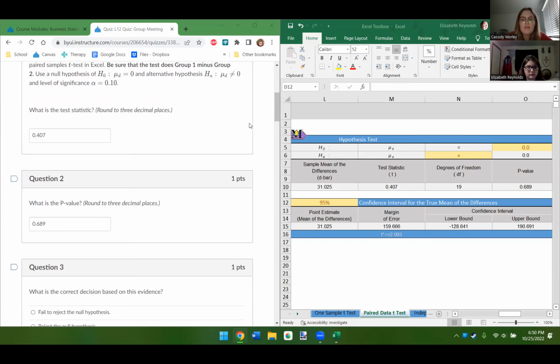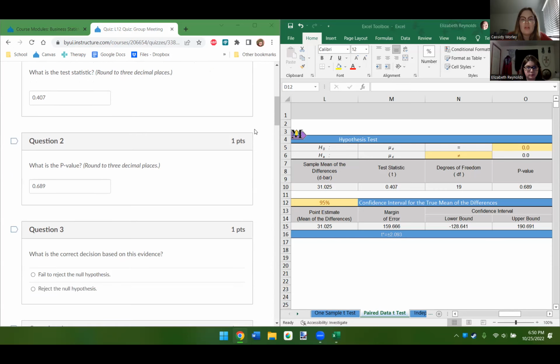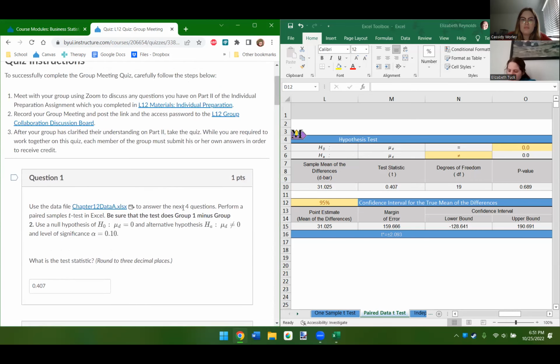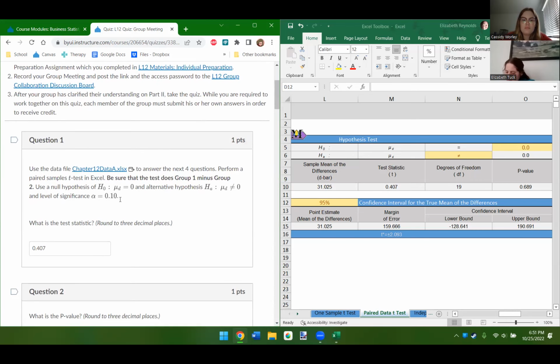So then the level of significance, it's 0.10, so we'd fail to reject. Is it 0.10 or 0.01? It says 0.10. Oh, I missed that.